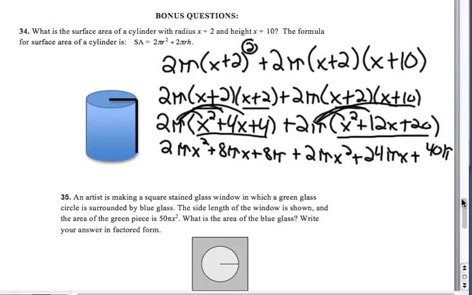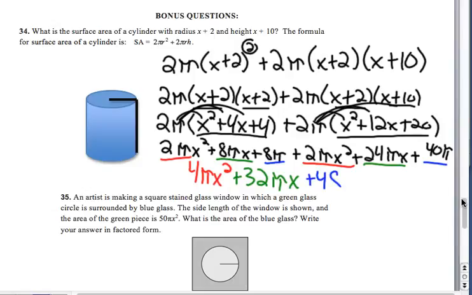And now all I need to do is combine my like terms. Here are two like terms. Oh, there, I almost wrote the wrong answer. 2 pi x squared plus 2 pi x squared will be 4 pi x squared. 8 pi x plus 24 pi x, that's going to add to 32 pi x. 8 pi plus 40 pi is going to be 48 pi.